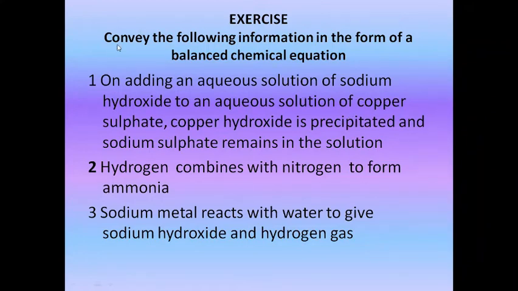For example, the question is, convey the following information in the form of a balanced equation. That means you have to write an equation, balance it, and then make it informative. For example, on adding an aqueous solution of sodium hydroxide NaOH, write AQ in brackets, put a plus sign, aqueous solution of copper sulfate CuSO4, write aqueous in brackets, draw an arrow, and after this write the product, copper hydroxide, write its formula, is precipitated, use the symbol for precipitated that I told you, plus sodium sulfate remains in the solution, again that will be aqueous.